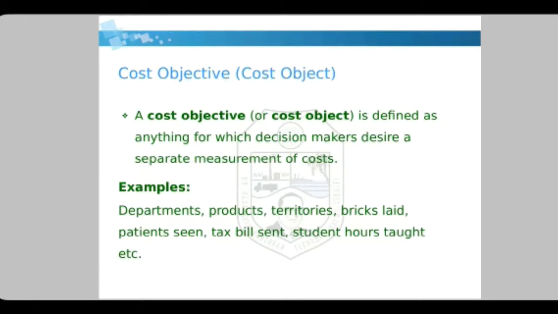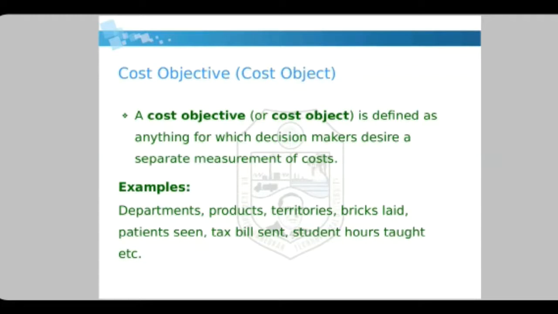For example, departments. I have given one example: if the university is buying some infrastructure, then how much infrastructure is used by a department, on the basis of that the department cost will get calculated. Or if the university is hiring 200 teachers per year, then how many teachers are working in the computer department.